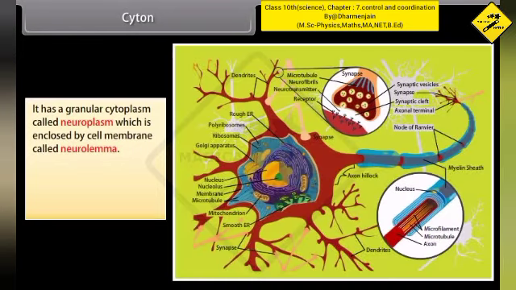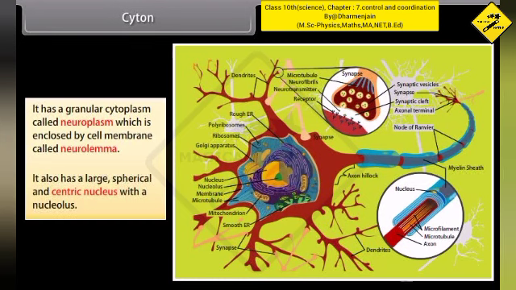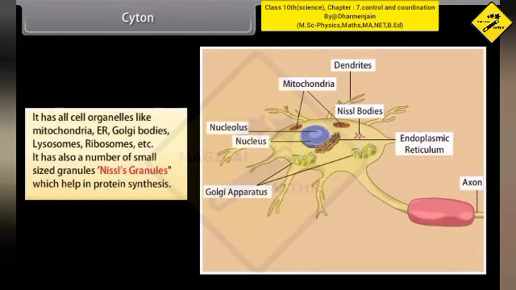It has a granular cytoplasm called neuroplasm, which is enclosed by a cell membrane called neurolemma. It also has a large, spherical and centric nucleus with a nucleolus. It has all cell organelles like mitochondria, Golgi bodies, lysosomes, ribosomes, etc. It also has a number of small-sized granules, Nissl's granules, which help in protein synthesis.